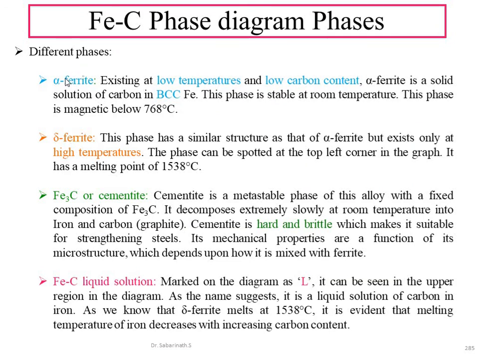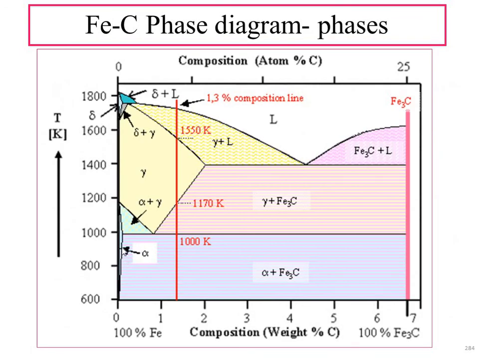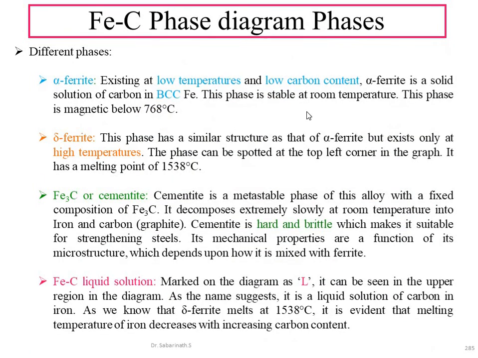So we can see each phase one by one. The first one is alpha ferrite. This one exists at very low temperatures and in low carbon content. Alpha ferrite is a solid solution of carbon in BCC iron.